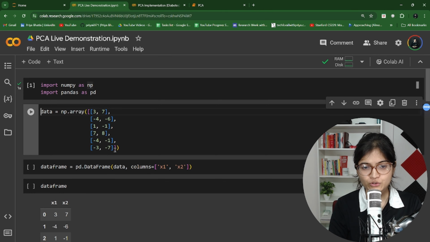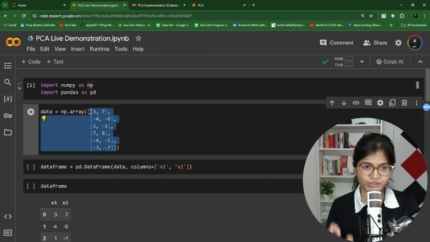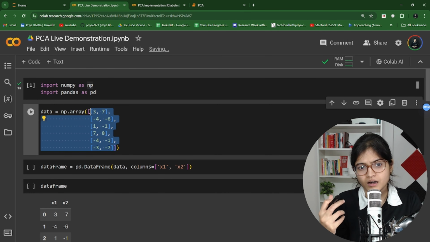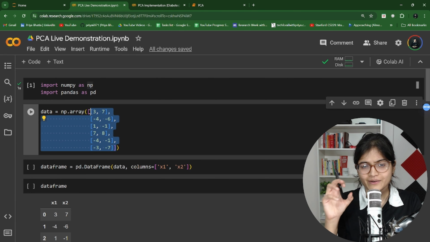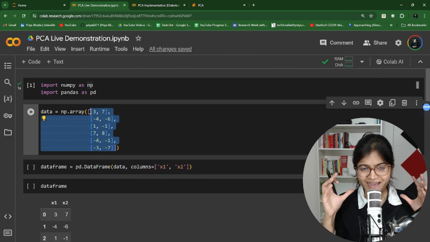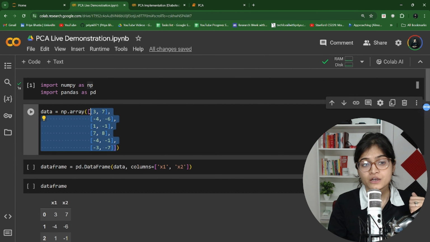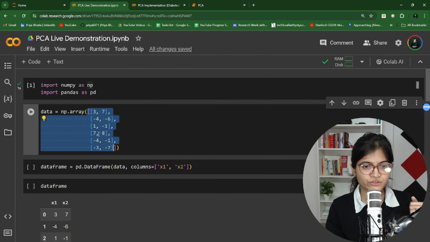Here you can see I have manually created one array with the help of NumPy. I hope you all know NumPy is used to store arrays, 2D, 3D, 4D, whatever we want, and it can do faster computation internally. Now we have created a 2D array where you can see 6 data points.